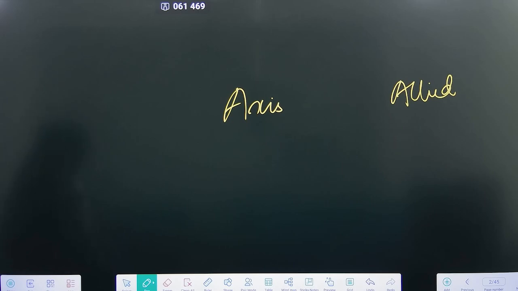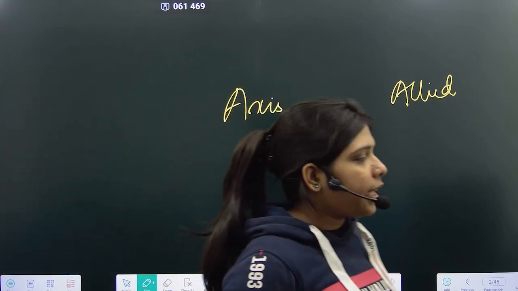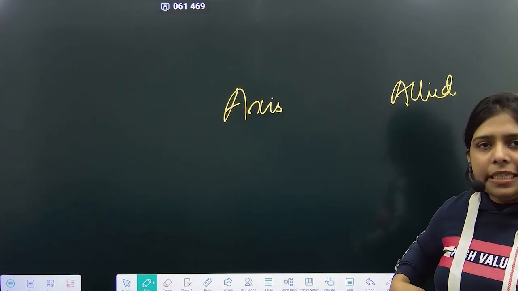All of you already know the Axis powers. They were the Trinity, like we can call it: Germany, Italy, and Japan.